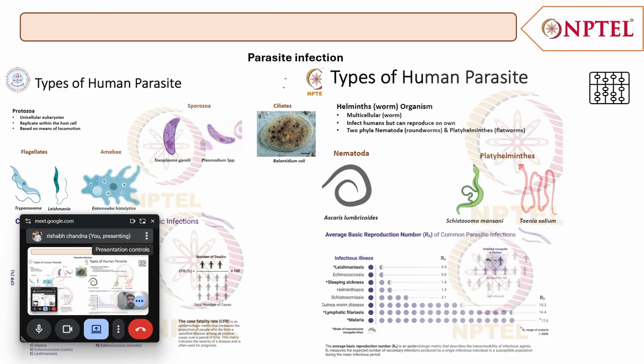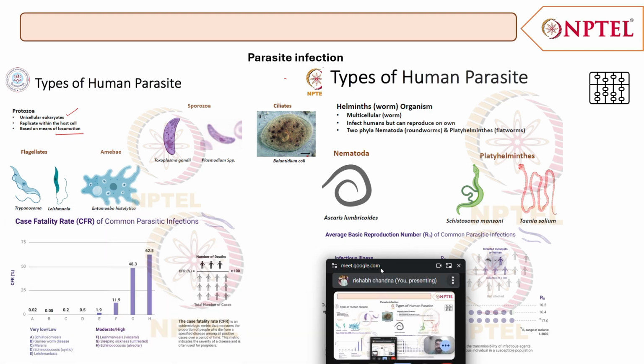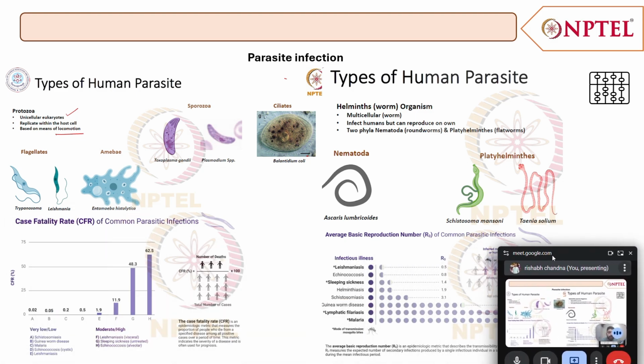So parasitic infections are caused by either protozoans or helminths, the worms. The protozoans are unicellular eukaryotes. They can replicate within the host and they move by means of locomotion. The types of parasites are based on the mode of locomotion they have.